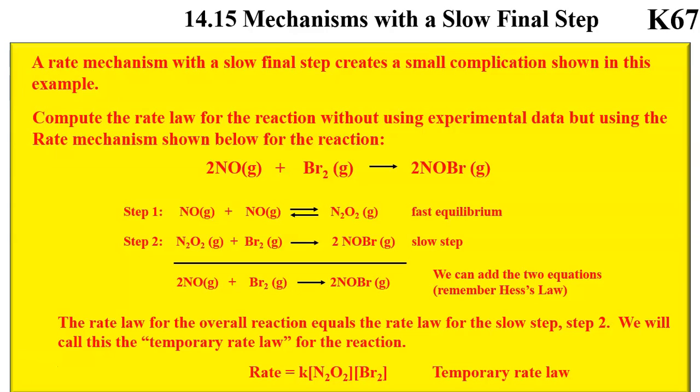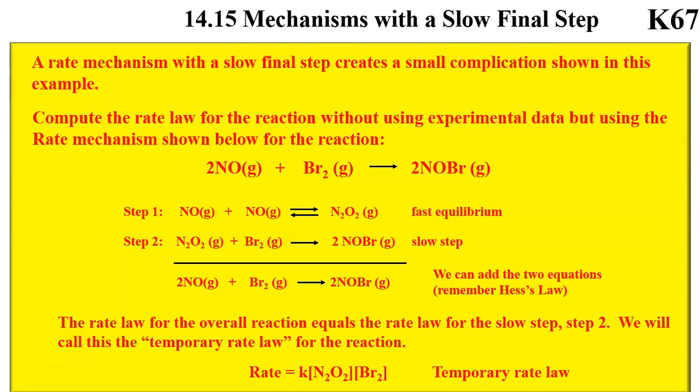So what happens to the N2O2 in a reversible reaction? Some of it goes backwards in step 1, goes back to NO plus NO. So in other words, that N2O2, the product of the step 1 reaction, can either jump down into step 2 and become a part of the step 2 reaction, or it can go backwards and go back to the reactants of step 1.